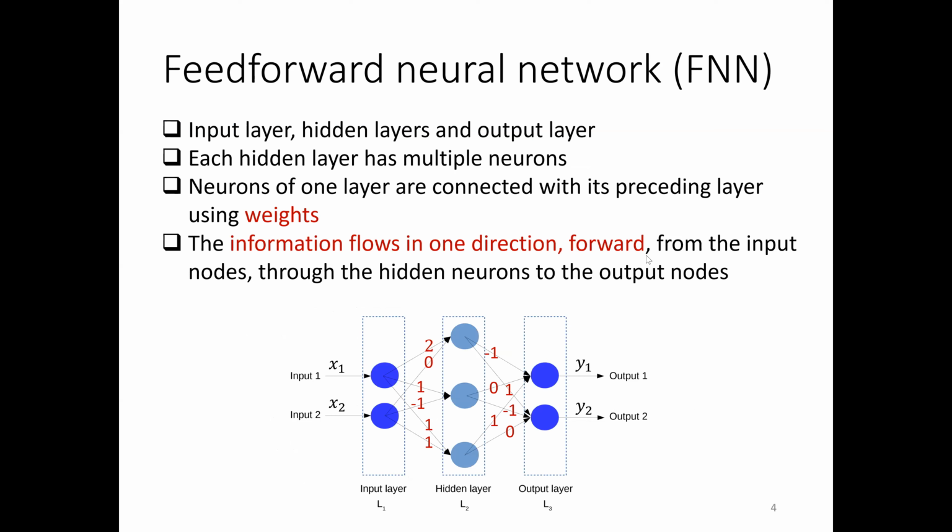So what is the feedforward neural network? I believe many of you already know what a feedforward neural network is. It's the simplest artificial intelligence network that was invented a long time ago. And it consists of an input layer, many hidden layers, and an output layer.